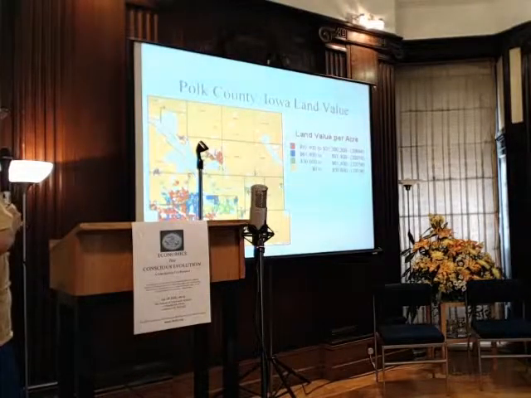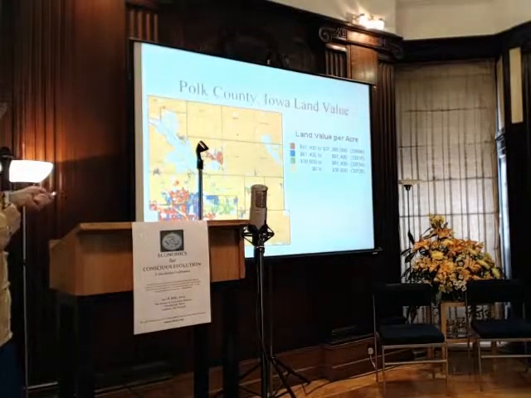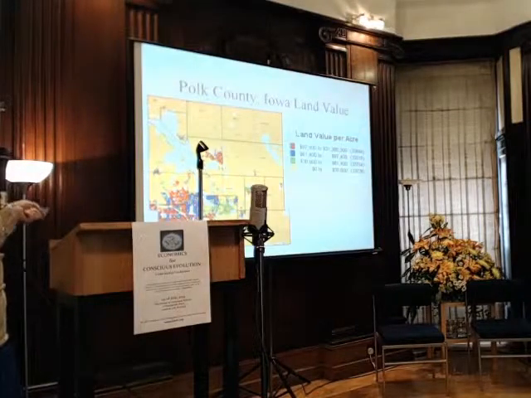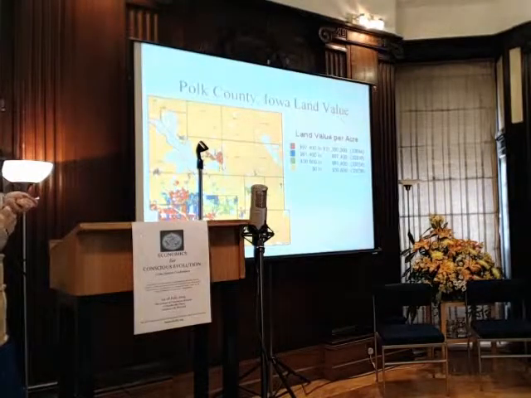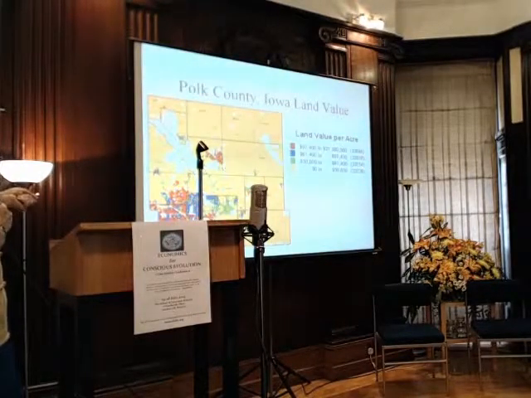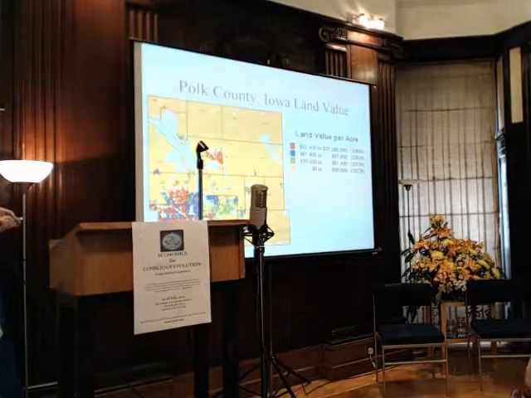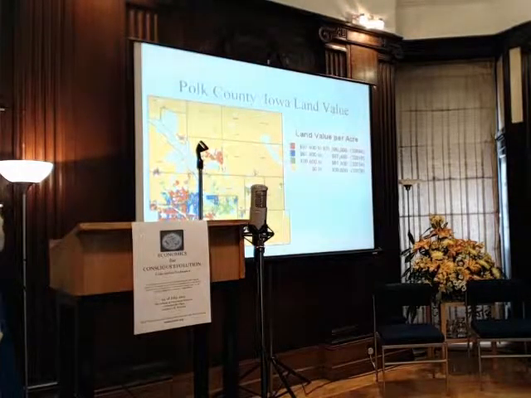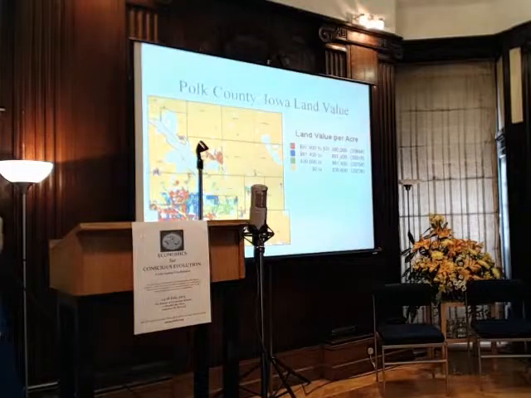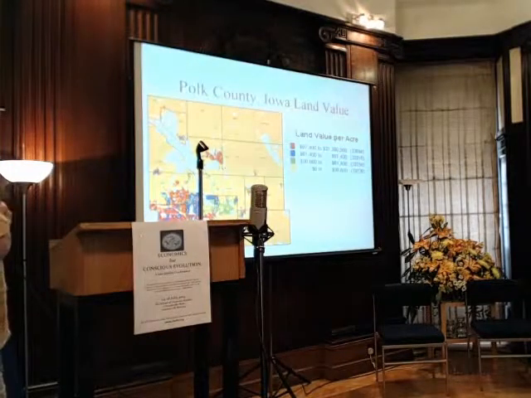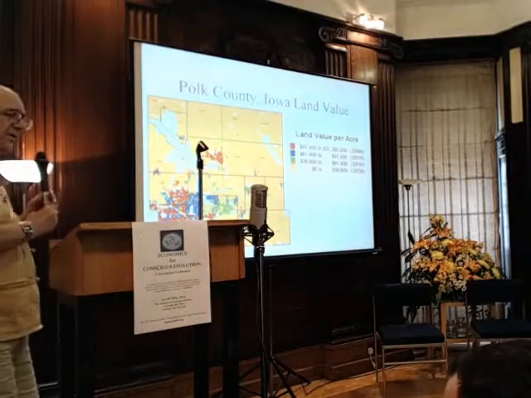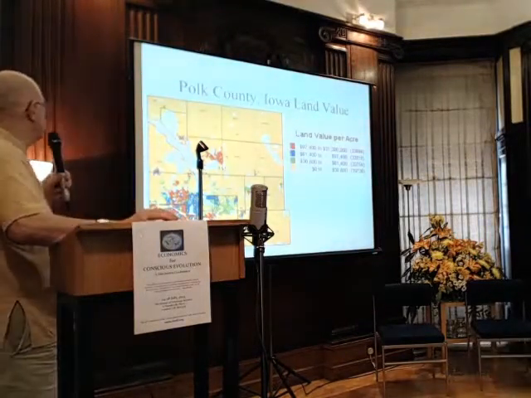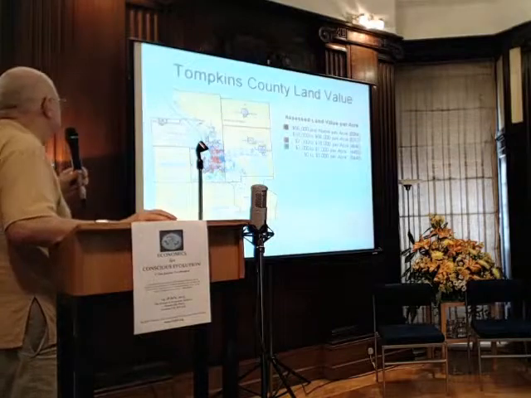And this is the downtown, but if you go out here, these are cornfields and vacant land, whatever, except for this area, which was a shopping mall. Essentially, this land is farmland. And even here, a lot of it is floodplain. That's where the white is. But you can see for the whole county, Polk County, Iowa, the differential in land value is enormous. And that just shows you how much the gradient can be.